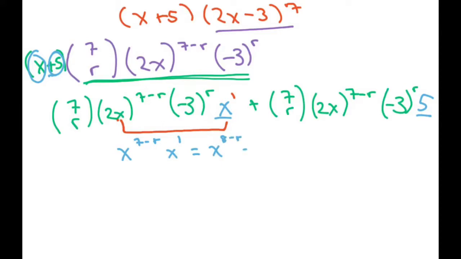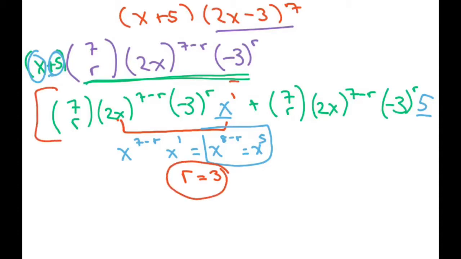And we want this to equal x to the fifth power. So we take this part and we see that r equals 3, because 8 minus 3 is 5. So for this first part, r is 3.